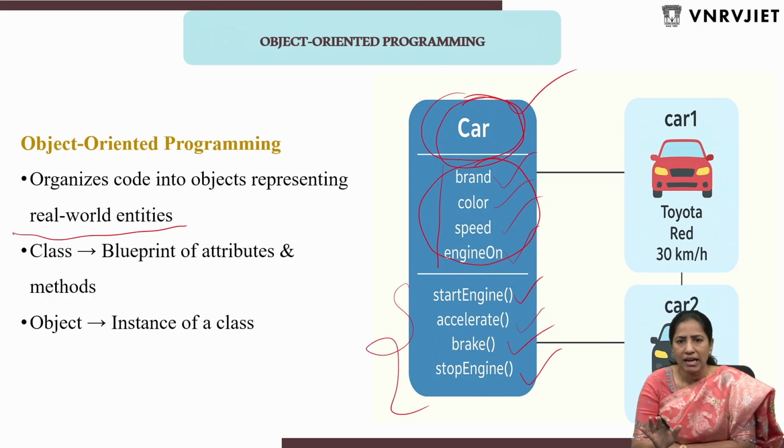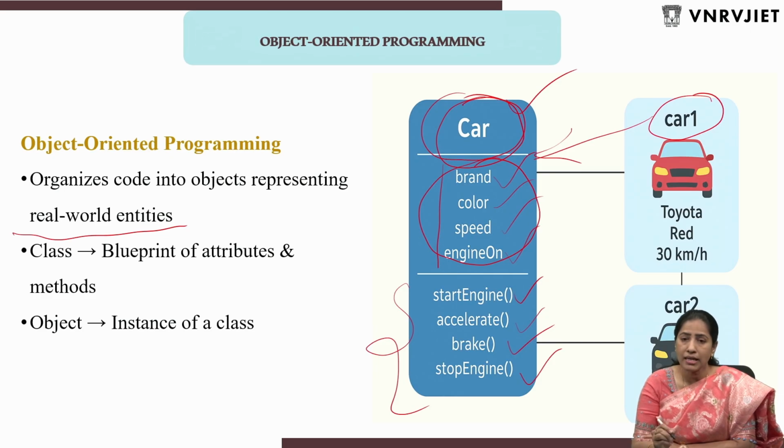Now, okay, I have defined a car class. There may be several cars. If you are managing car software, it is going to address different types of cars. Then how do you create different types of cars in object-oriented programming? If you see here, car 1 is an instance of the car class.